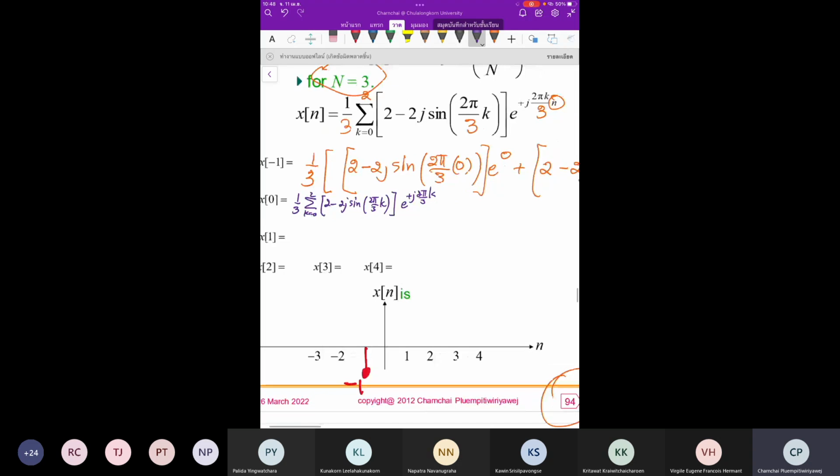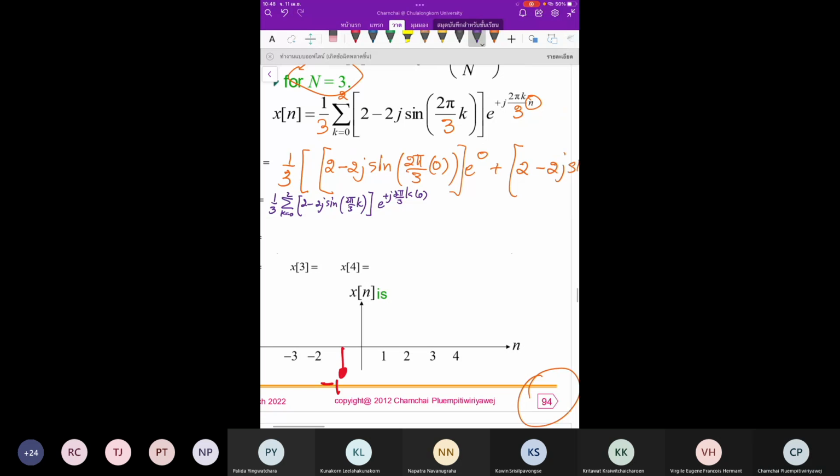But in this case, n is 0. If n is 0, e to the 0 is 1, right? So we just have 1/3 of 2 minus 2j sine of 0. Sine of 0 is 0, so it's just a 2.